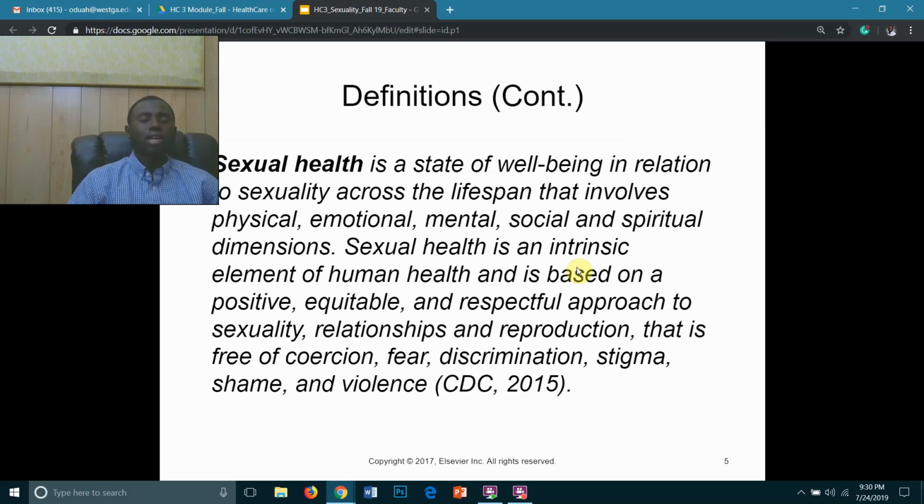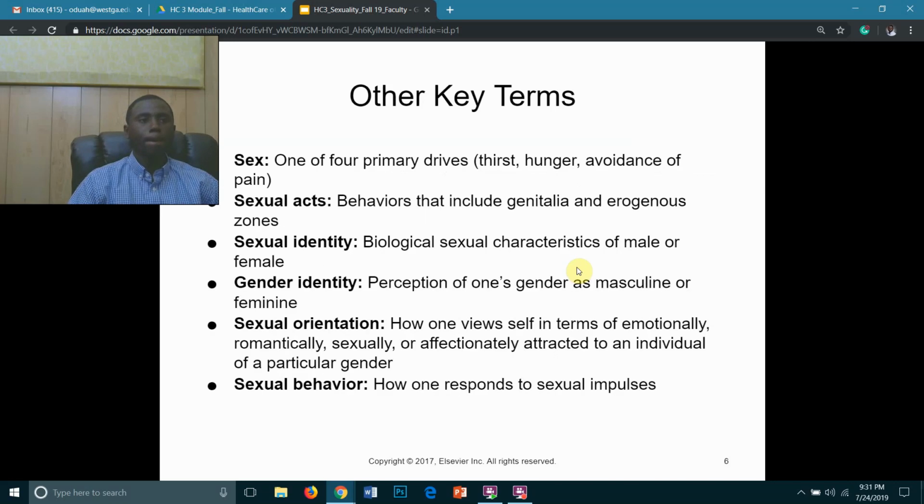Sexual health is intrinsic to human health and is based on a positive, equitable, and respectful approach to sexuality, relationships, and reproduction that is free of coercion, fear, discrimination, stigma, shame, and violence, because as we will learn, all of these factors, if not fully developed, are going to impair our sexuality.